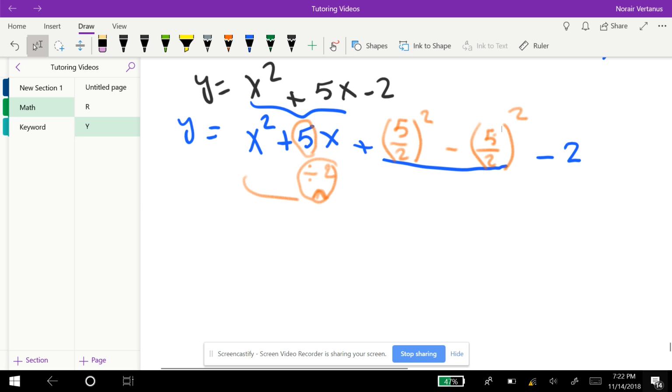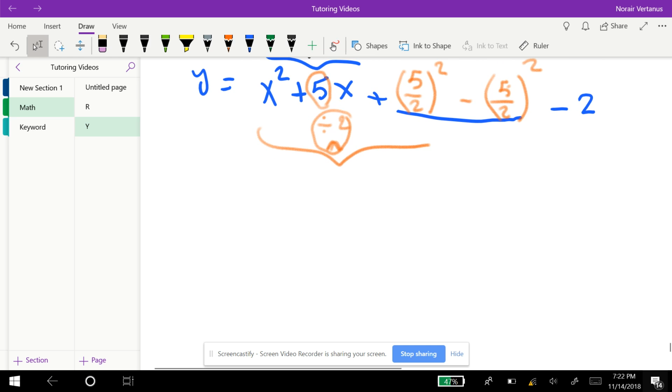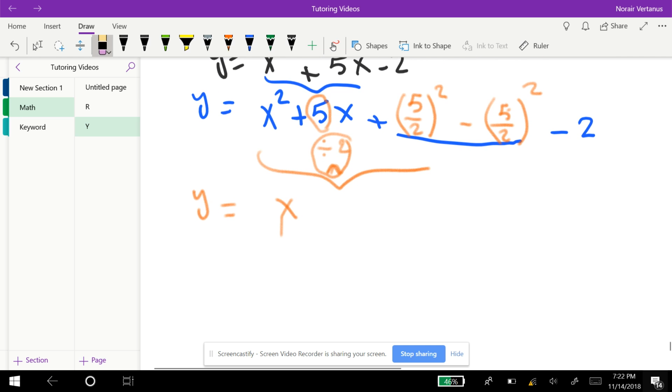Now what is this? It's a perfect square. What is that? That's y equal to x plus 5 over 2, all that squared, because 5 over 2 squared is 25 over 4, right?